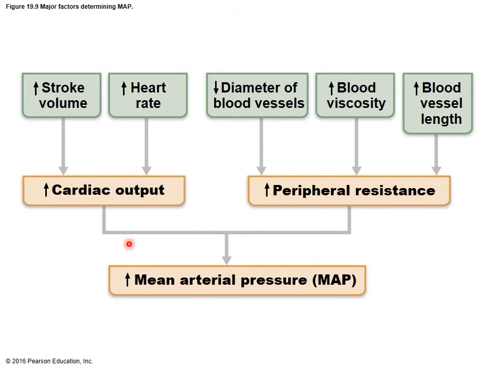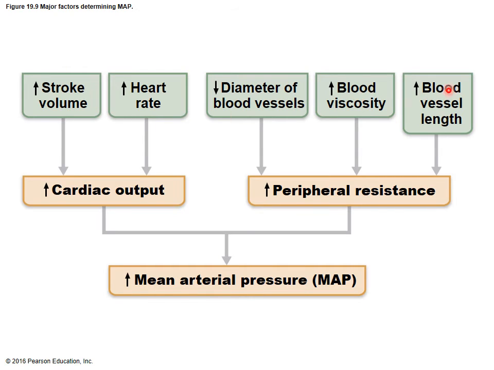Hypertension is a problem in our society. Many Western societies have this problem. If you have drugs that can bring the stroke volume down, can decrease the heart rate, can relax the blood vessels and increase the diameter. You could thin the blood a little bit with blood thinners like Coumadin or aspirin.